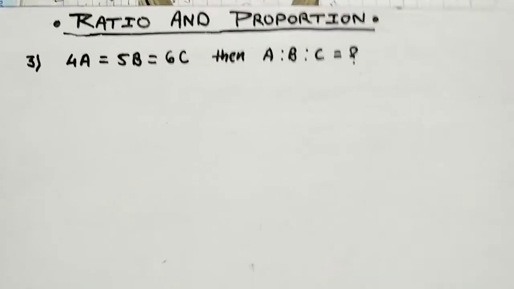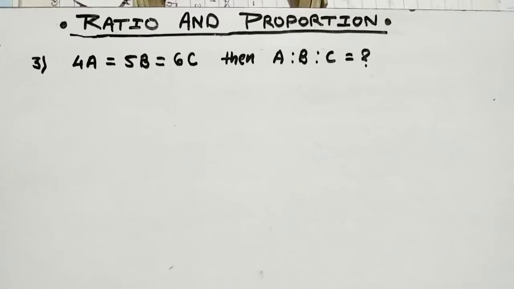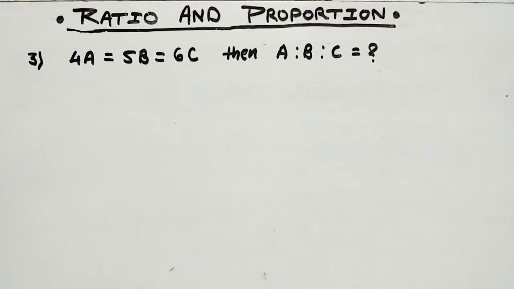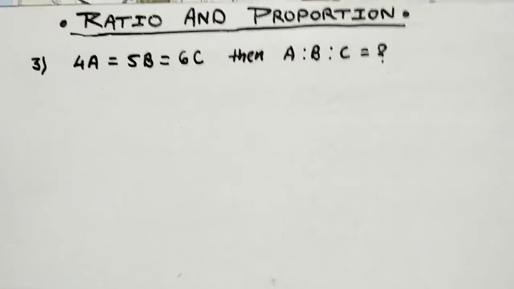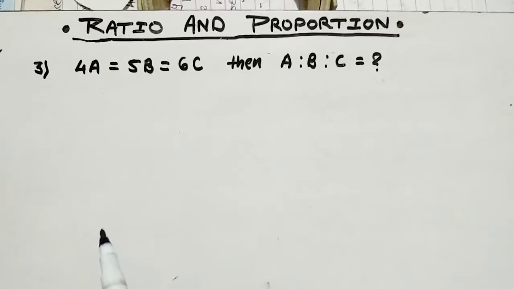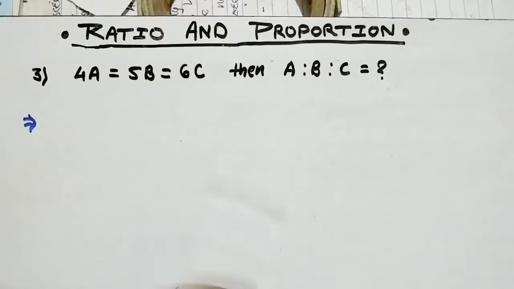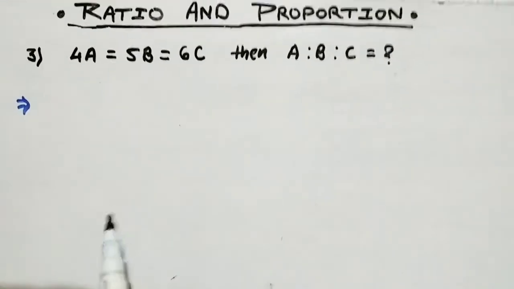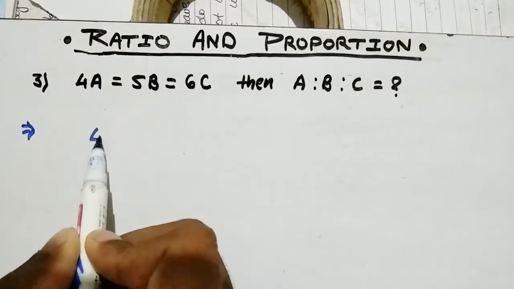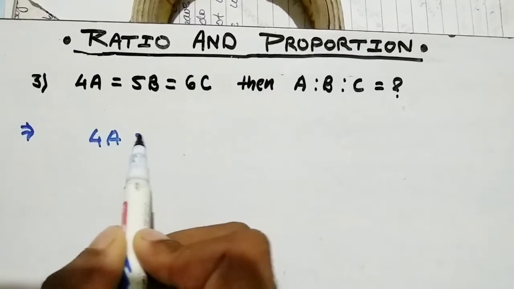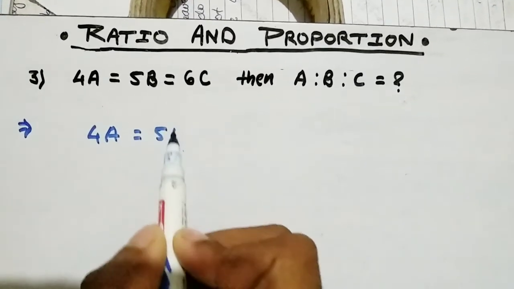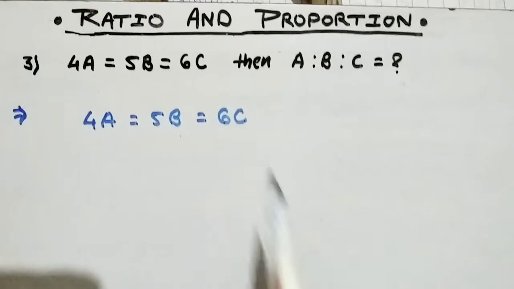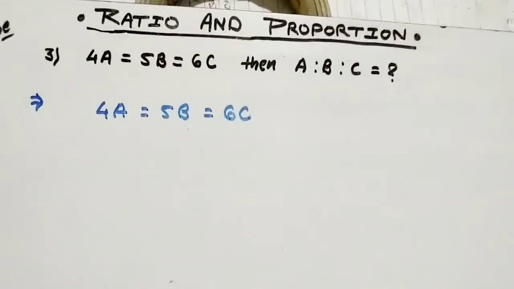So example number third. 4a is equal to 5b is equal to 6c, then find out a is to b, b is to c. So firstly I write the question as it is, right? So that is 4a, 5b and 6c, right?